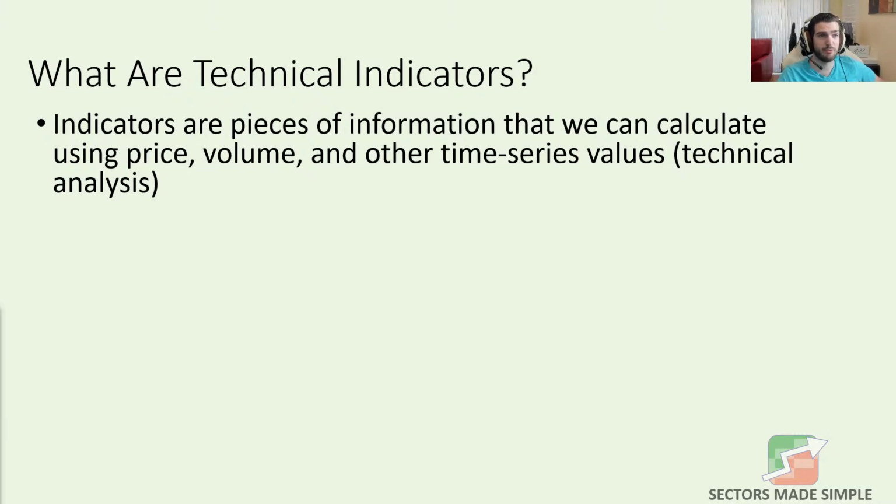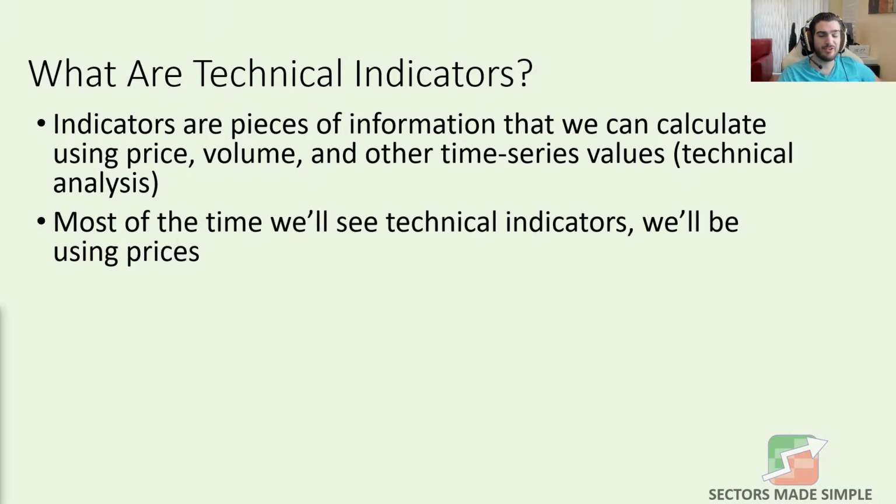Most of the time that we'll see technical indicators, we're going to look at prices. I did just give an example, though, of how we can use it for volume. But the vast majority of the time that we're going to see them and use them, it's going to be using the price to make these indicators.